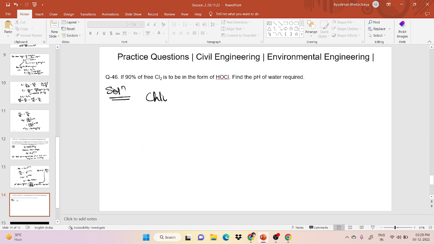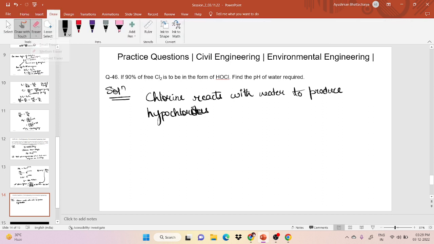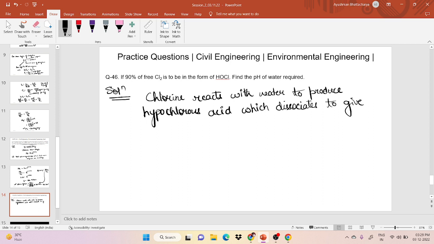So chlorine. Remember, chlorine reacts with water to produce hypochlorous acid, which dissociates to give hypochlorite ions and protons.